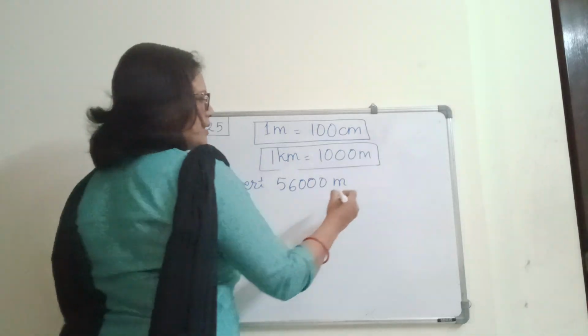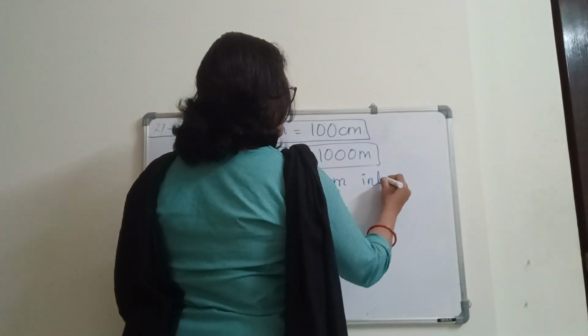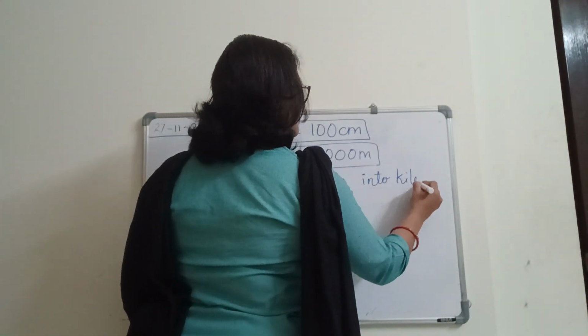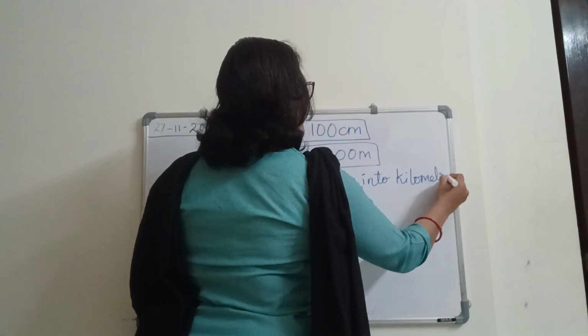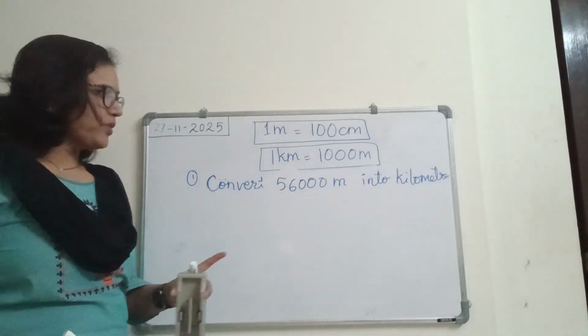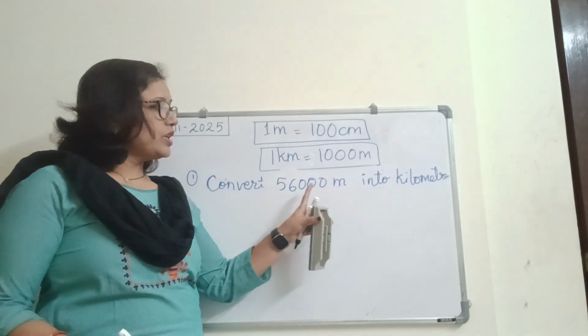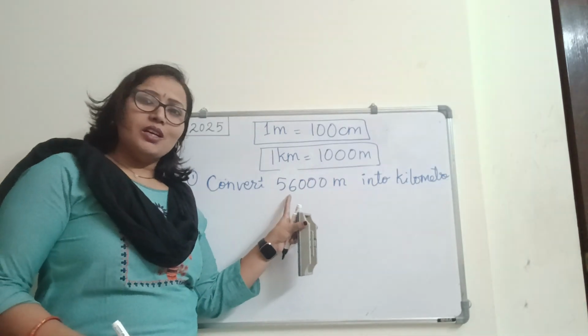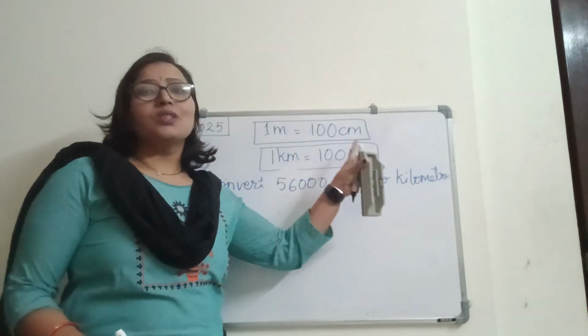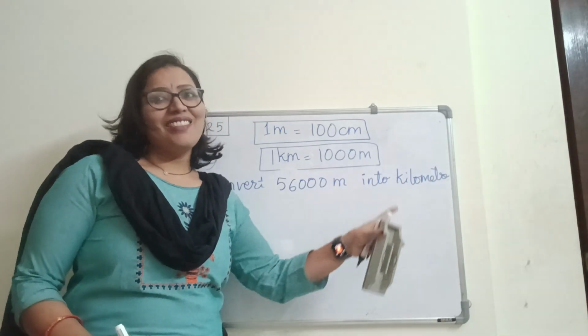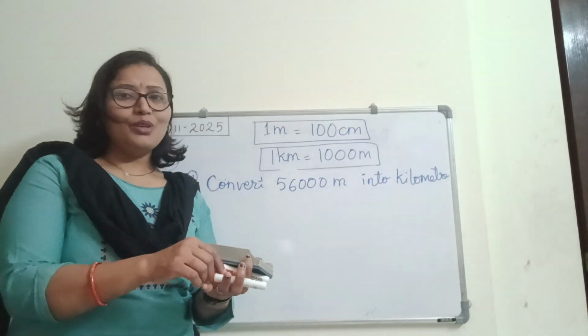Convert 56,000 meter into kilometer. This is the question. Now here 56,000 meters are given. So it is a smaller unit. We are converting the smaller unit into the bigger unit, kilometer. That time again you have a new rule.